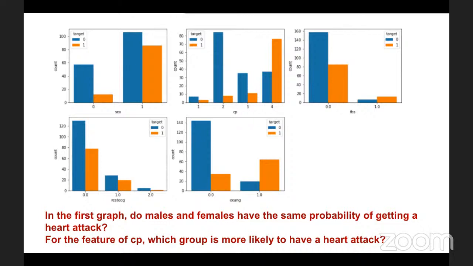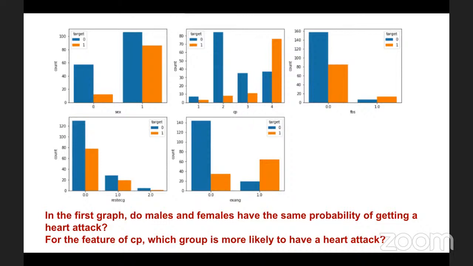This one is the male. Males are more likely to, for example, have a heart attack.